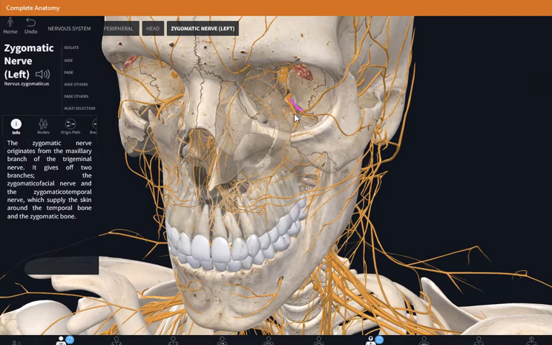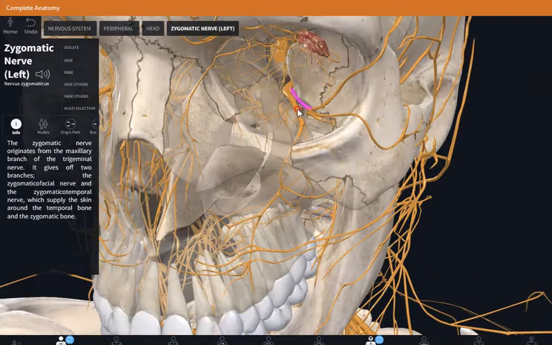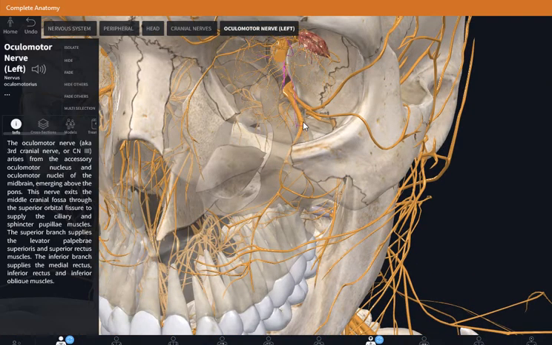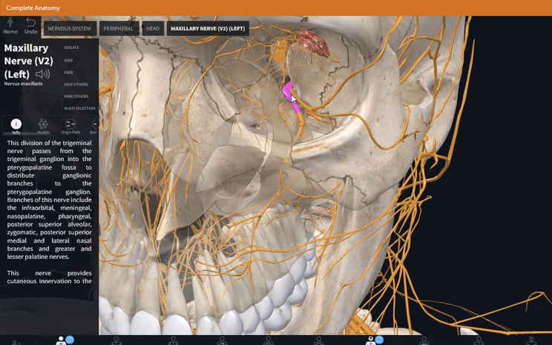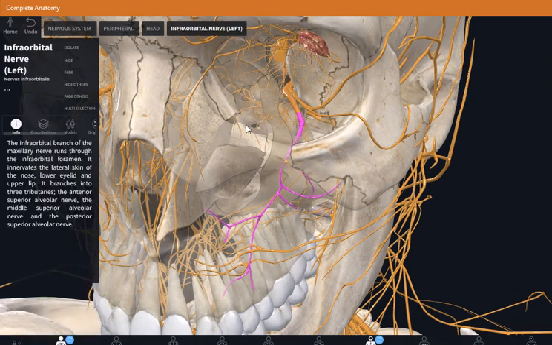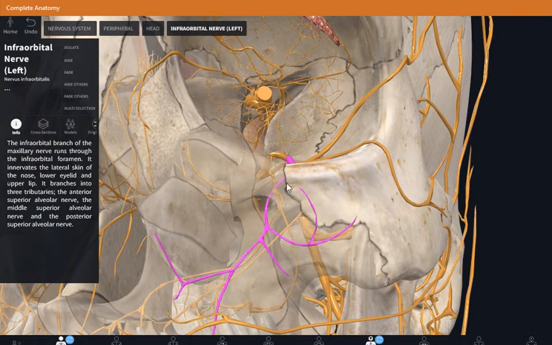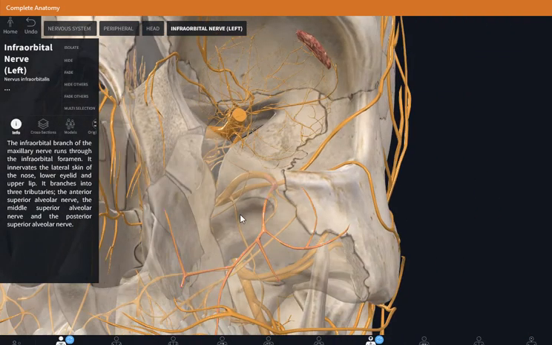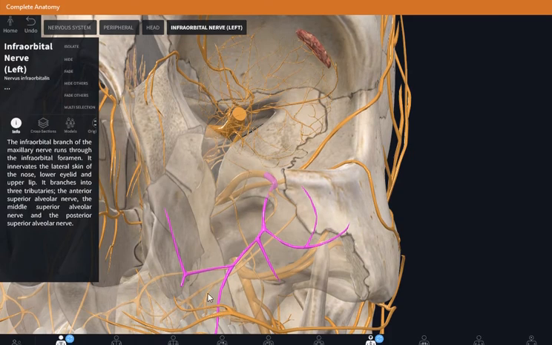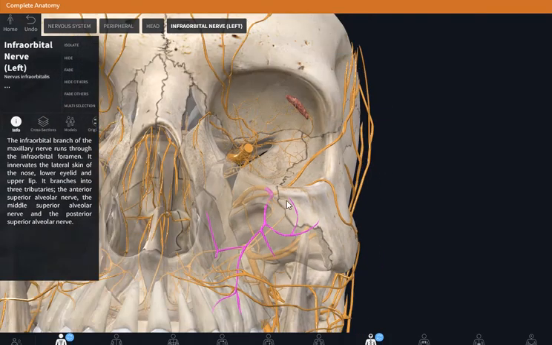We also have this other branch here. At the anterior part of the maxillary nerve you have the infraorbital nerve, which passes through the infraorbital foramen to present itself on the face.